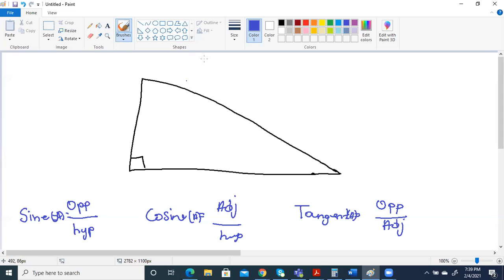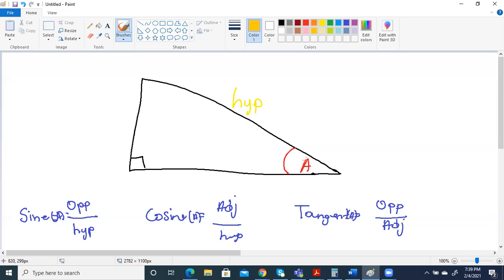So if you have another angle, say this angle here, which is angle A, then the opposite and the adjacent is in relation to this angle. Now, of course, your hypotenuse is always your hypotenuse. Your hypotenuse is always the longest side in the triangle, and that doesn't change. But the opposite and the adjacent can be different based on where the angle is.